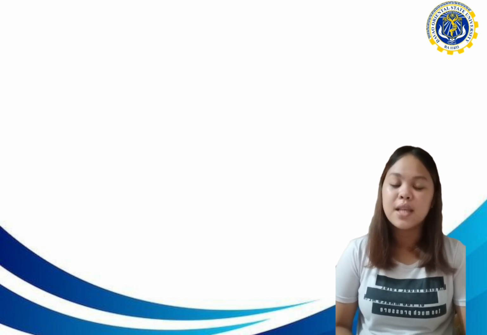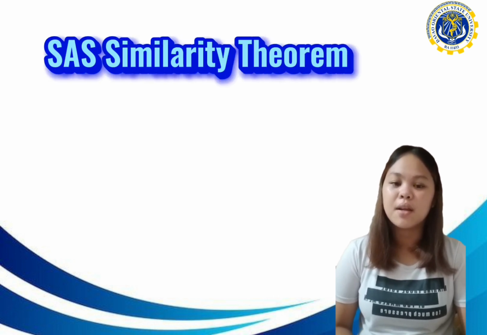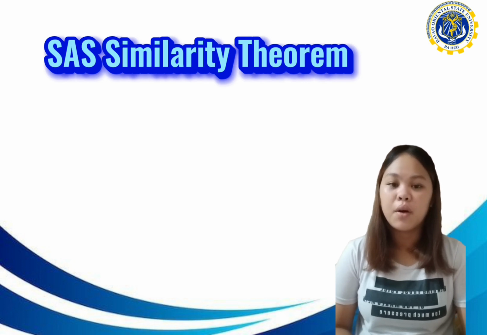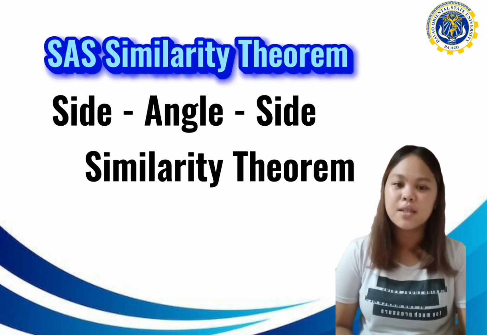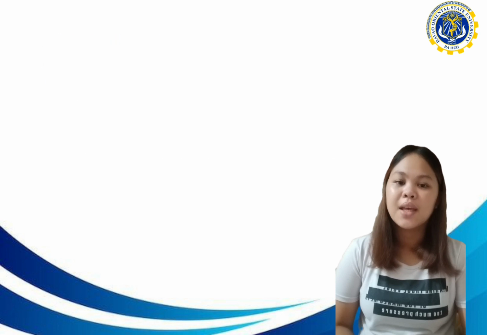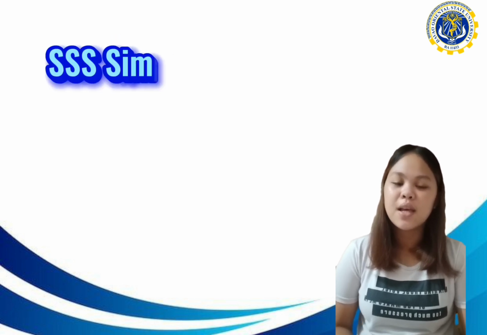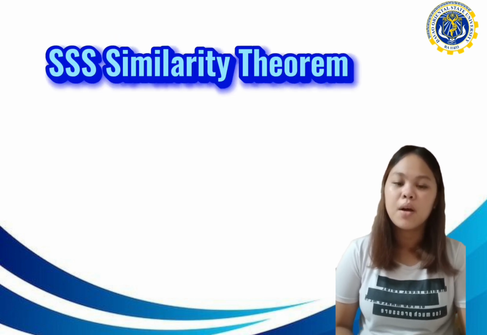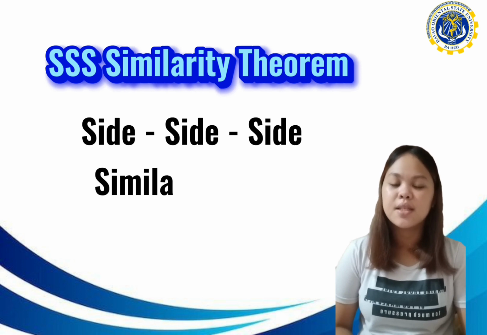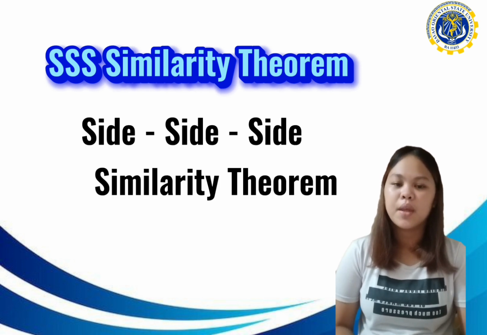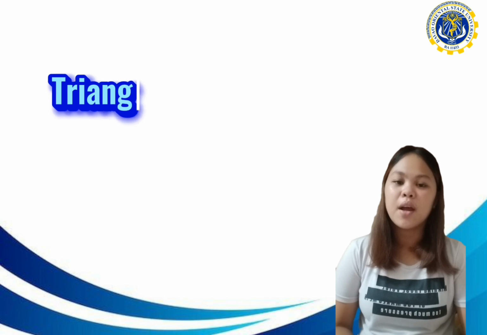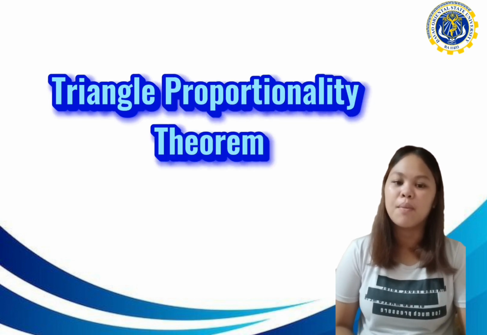Next is the SAS similarity theorem or the side-angle-side similarity theorem. Next is the SSS similarity theorem or the side-side-side similarity theorem. And the last one is the triangle proportionality theorem.